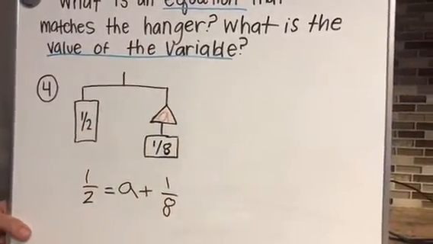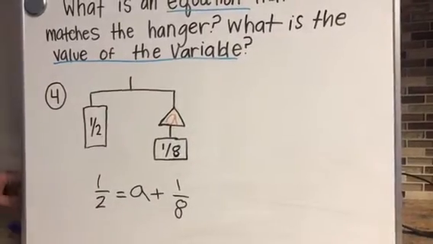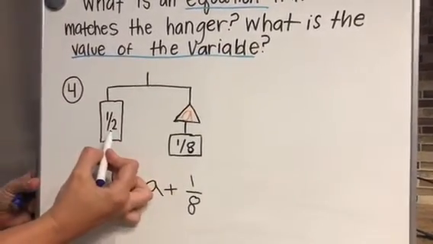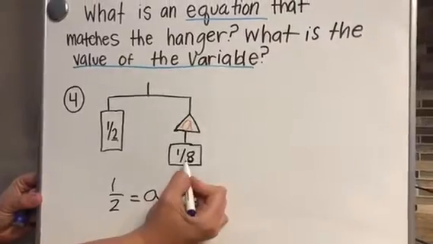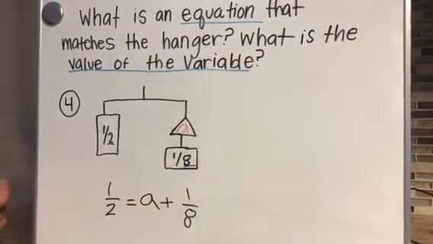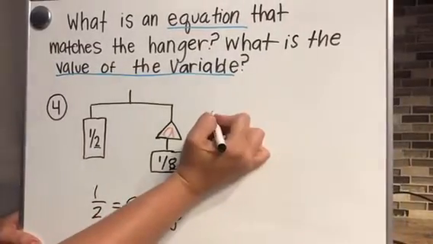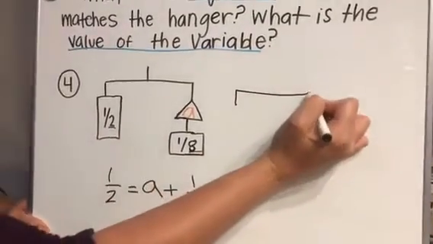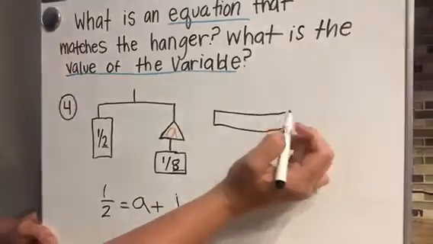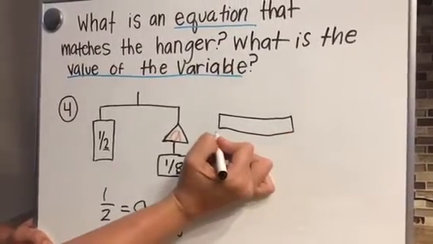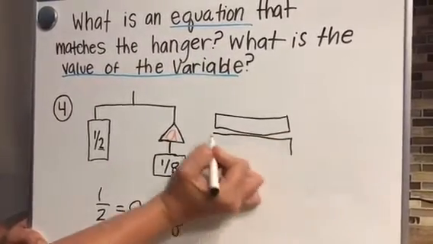Now don't be afraid when we're looking at these fractions. There's multiple ways that we can solve this. One way though, I know that we have a 2 right here, that's one denominator, and an 8 right here, that's a different denominator. So we need to figure out the common denominators. One way we can do this though is, I know you guys love to visually look at your math. So I'm gonna draw a tape diagram, okay?